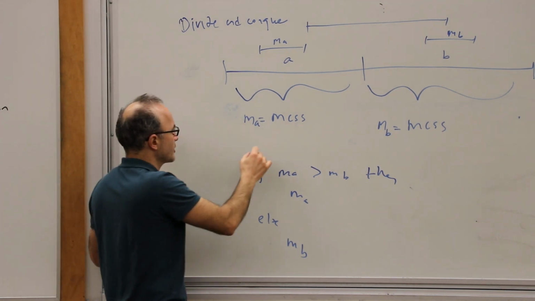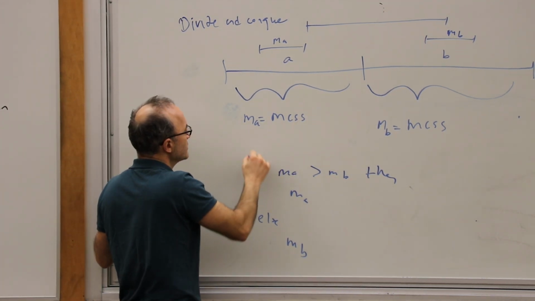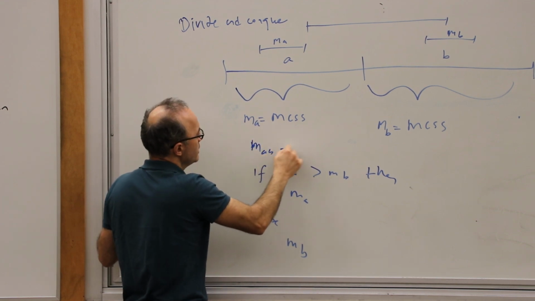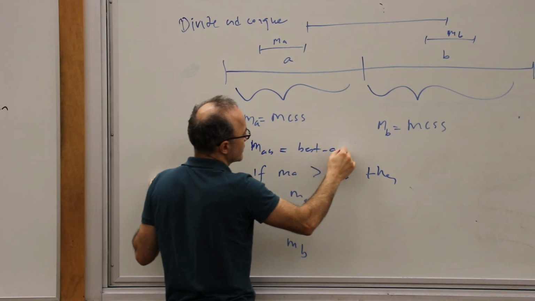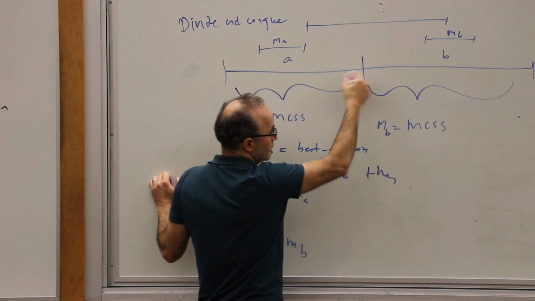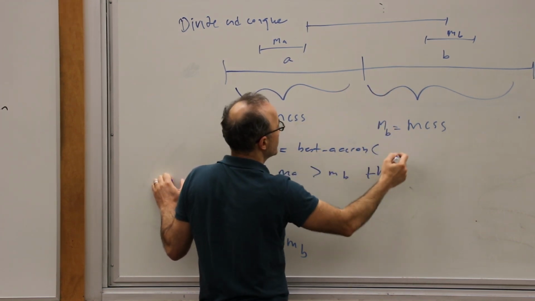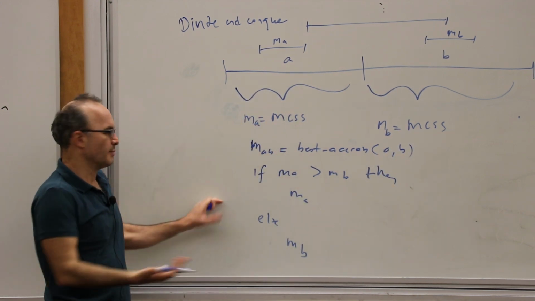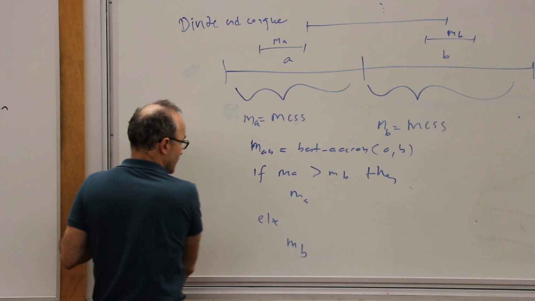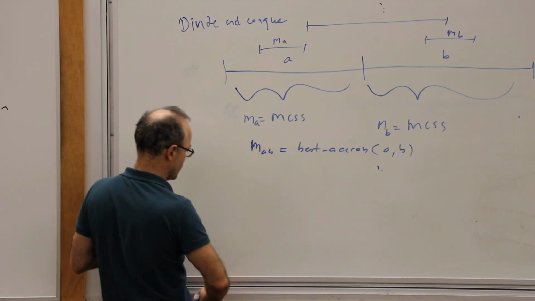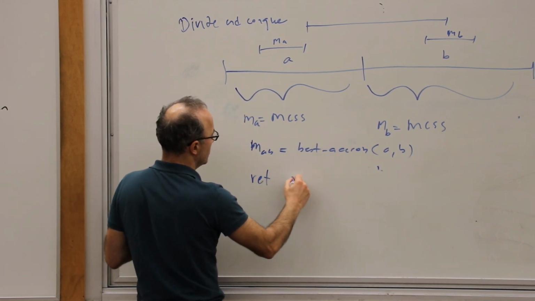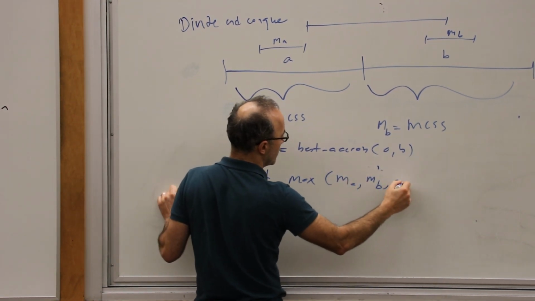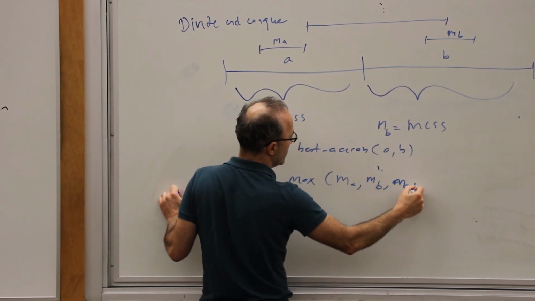We'll also get these two recursively, and then let's say MAB is the result of best across at that midpoint, for A and B. Then we basically pick the max. So the result is to return the max of MA, MB, and MAB.